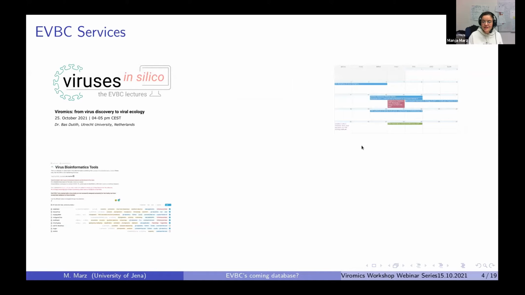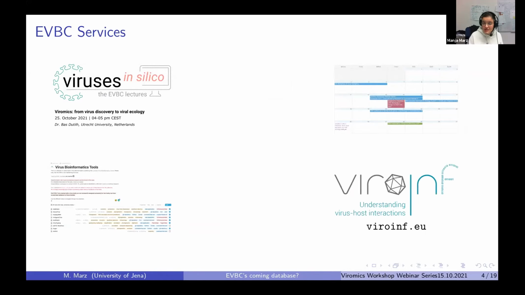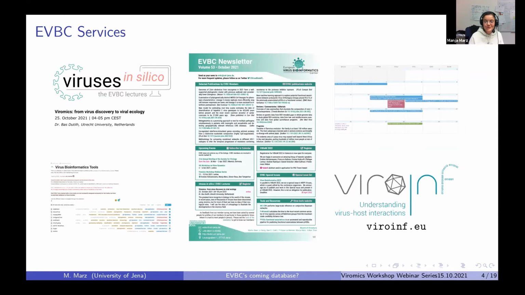And besides these three things, we also try to gain larger projects, and we were successful because now it's including 45 people. It's an EU project which tries to understand the virus-host interactions, and this is half virologists, half bioinformaticians, really driving the field forward. And besides trying to foster such projects, we also spread all our news via our newsletter, which you, of course, don't get by snail mail, but by email.